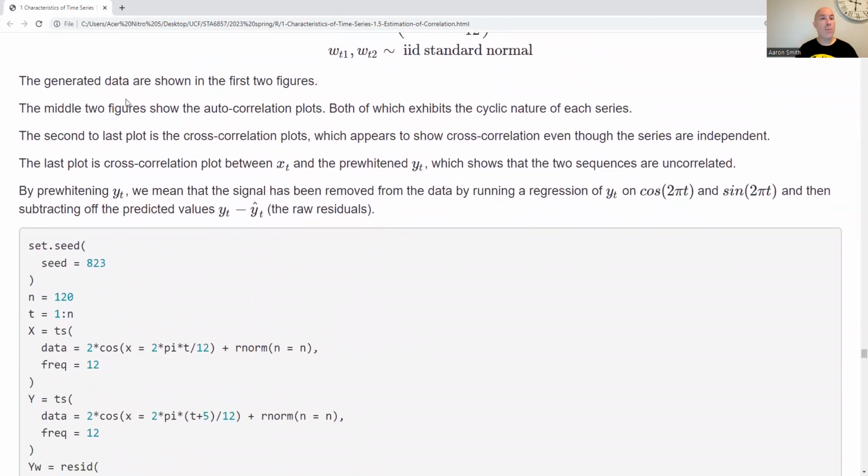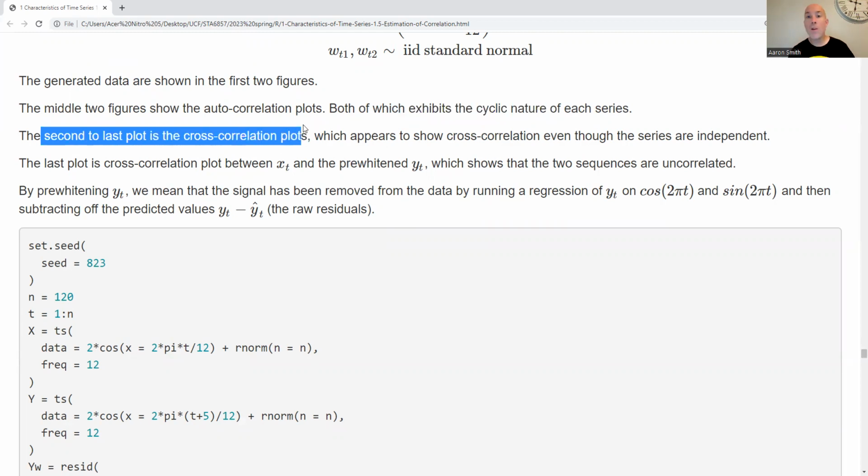The first two plots are going to show the generated data. The middle two figures show the autocorrelations, and we'll see that we get a cyclic nature of both series. The second to last plot is the cross-correlation plot, which appears to show cross-correlation even though the series are independent.